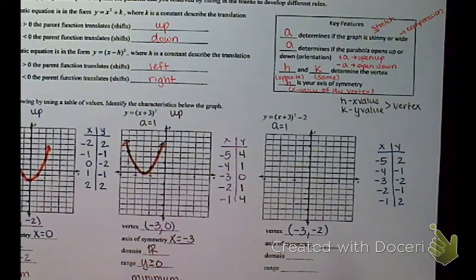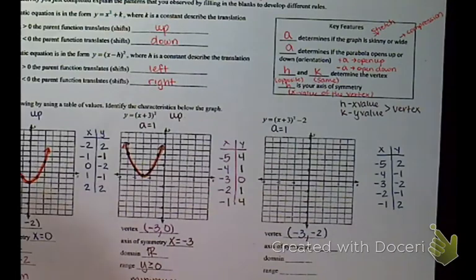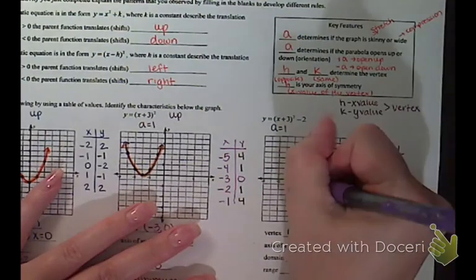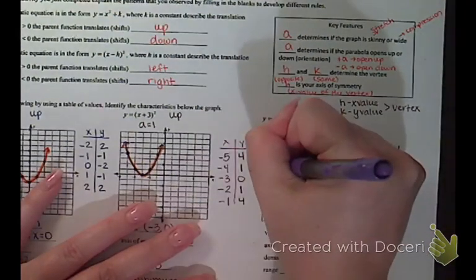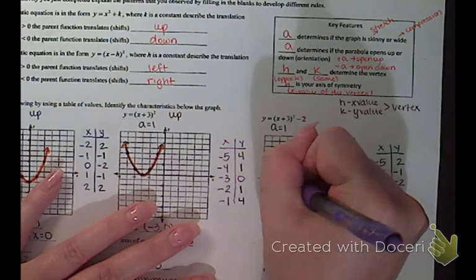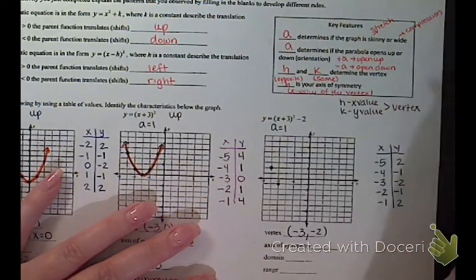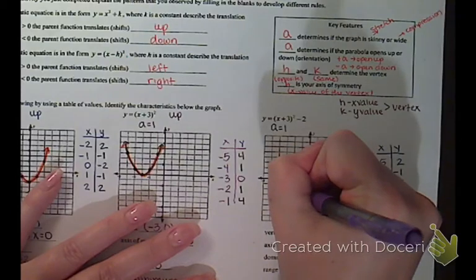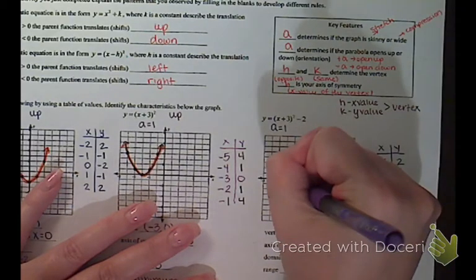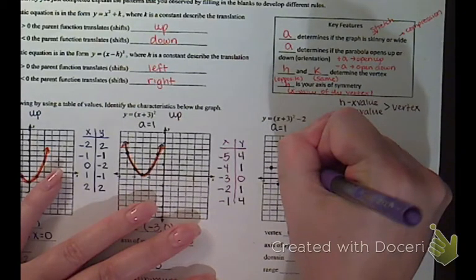All right, so let's plot those points. So again, don't worry about the scaling. We're just going to use each box equals 1. So (-5, 2) is my first point. (-4, -1) is my next point. (-3, -2), (-2, -1), and (-1, 2).